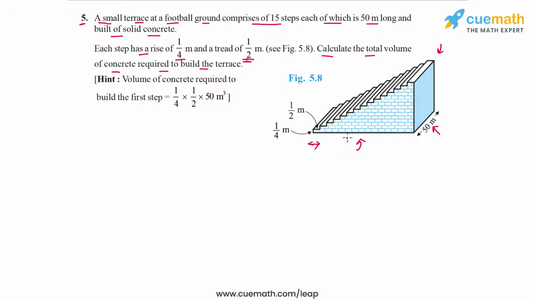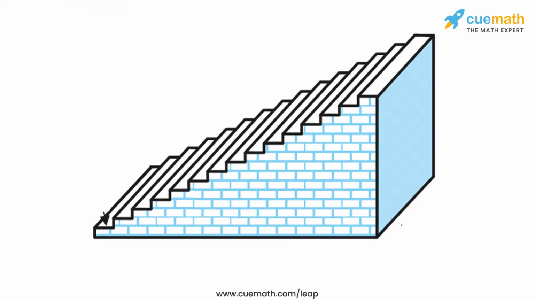Now what we're going to do is take a closer look at this structure. I'll magnify it for you, and then we will deconstruct this structure and imagine the various parts that come together to form it. Okay, so let's do that. So here's a magnified version of this structure.